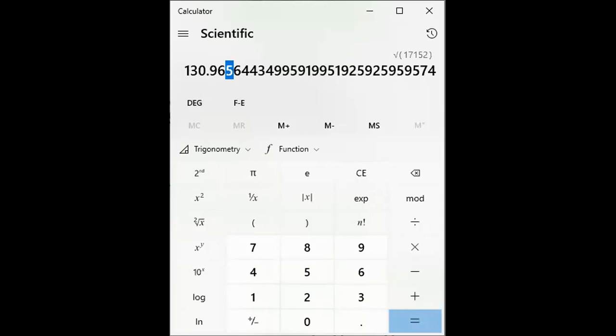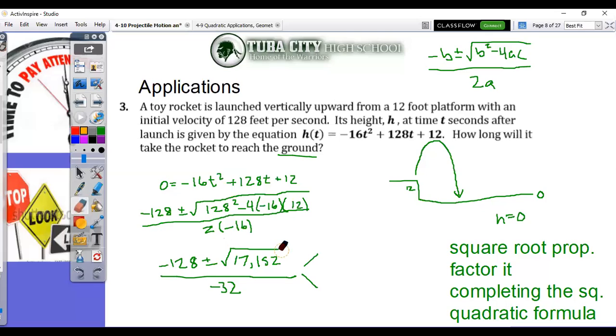So I'm going to go back to this thing here, and it looks like I'm running out of space already, so I'm going to get that out of here. So 130.966. Again, I rounded that last number off. Negative and negative make a bigger negative, divide that by a negative, and we get a positive number. So that might be a clue on what we're trying to get. However, if I take this number and add this number, I would get a very small number.